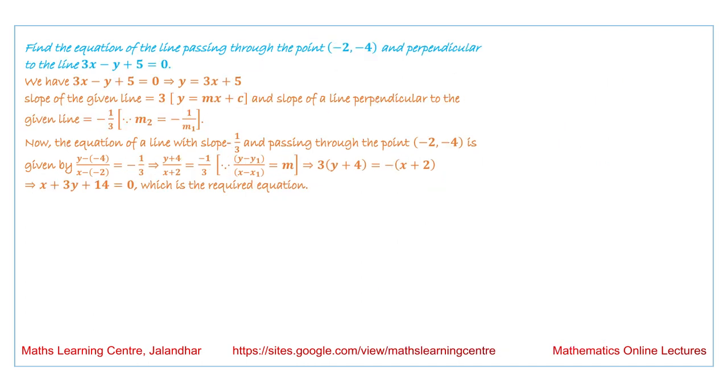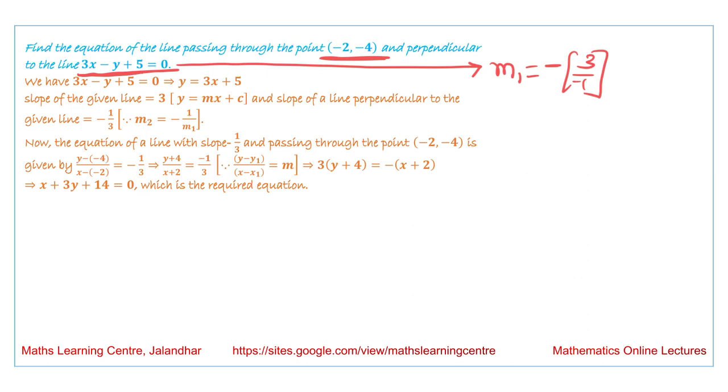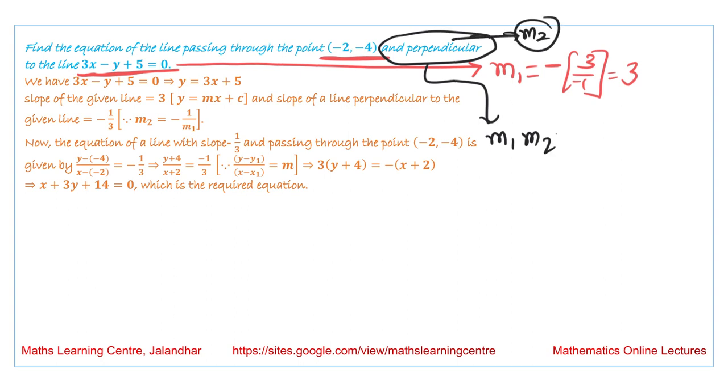Next is, find the equation of the line passing through the point minus 2, minus 4 and perpendicular to this line. The slope of this line, m1, is equal to minus of 3 by minus 1, so that is equal to 3. The required line is perpendicular to the given line, so we have m1 into m2, where m2 is the slope of this line, that should be minus 1. So the value of m2 we obtain is minus 1 by 3.